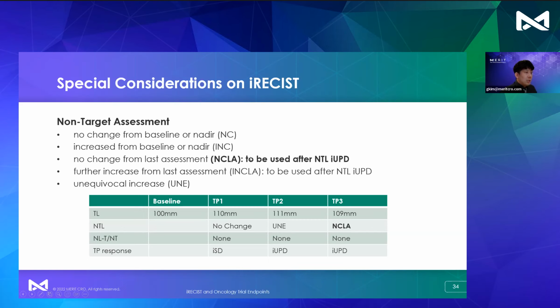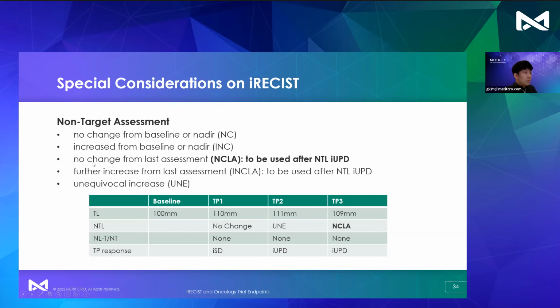These 2 types of qualitative assessment can be utilized whenever a new non-target lesion has caused the IUPD, and whether it is actually triggering the ICPD or not.